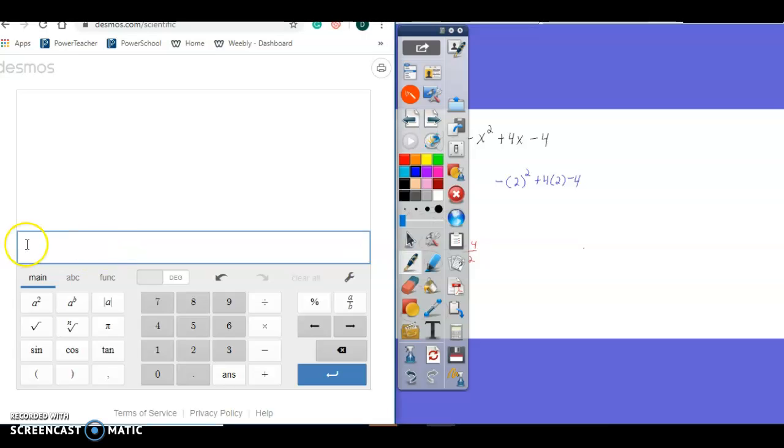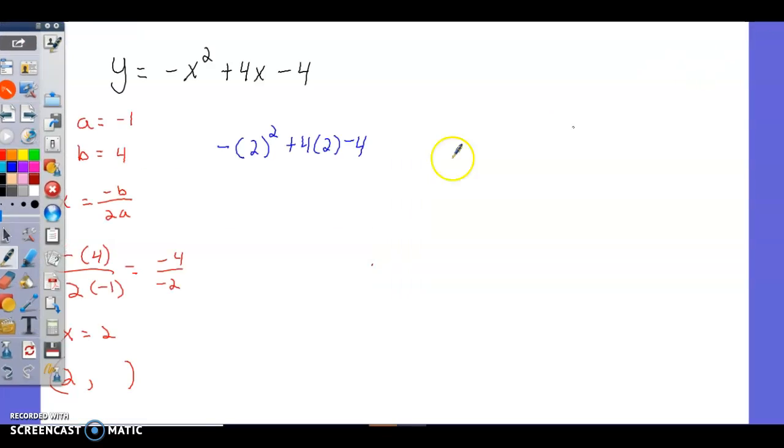So we have that negative and then parentheses 2 squared plus 4 parentheses 2 minus 4, and that gives us 0. So 0 is our y value.